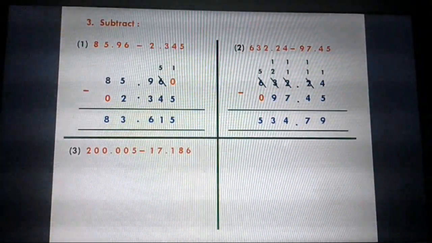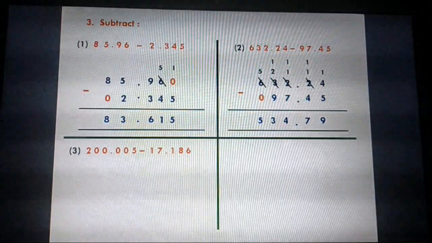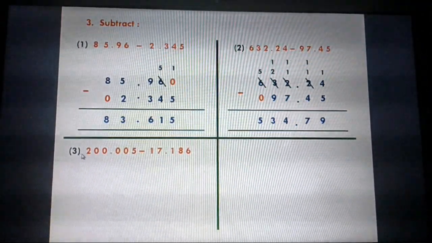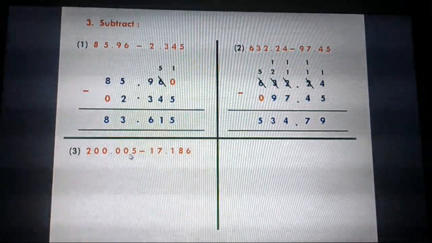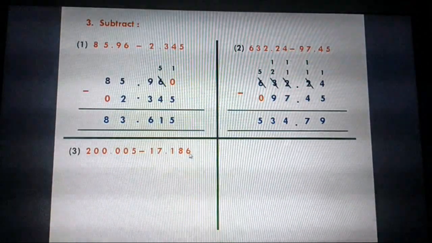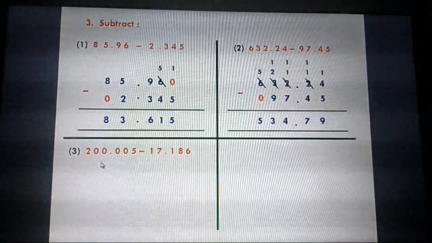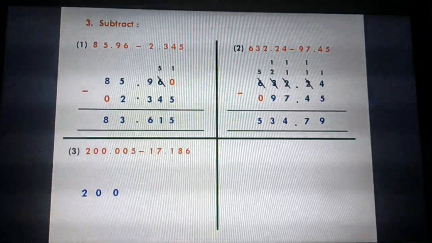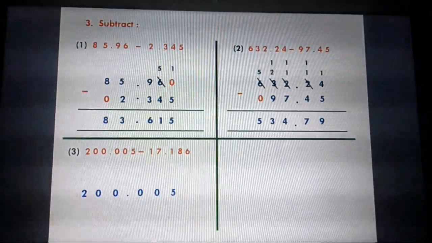Now we will start the third one, the very important one. See what is given here, 200.005 minus 17.186. So as usual, very first we will write 200.005.